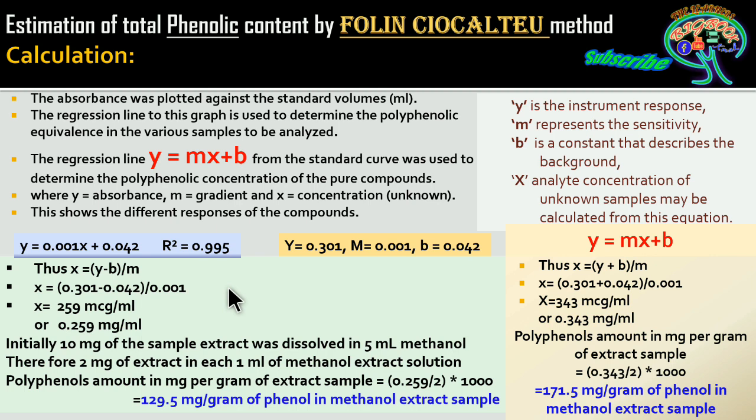Now further, when you consider this same formula of y is equal to mx plus b, where we have considered x is equal to y minus b divided by m. Here the deriving of this formula doesn't give the negative value, where we are going to consider the positive summation value itself between the variables, where y is equal to mx plus b is going to get derived as x is equal to y plus b divided by m.